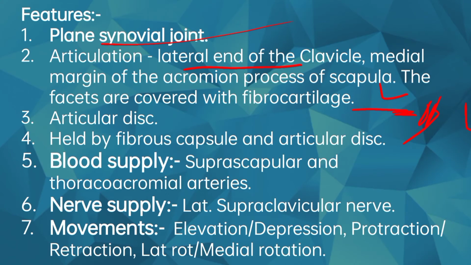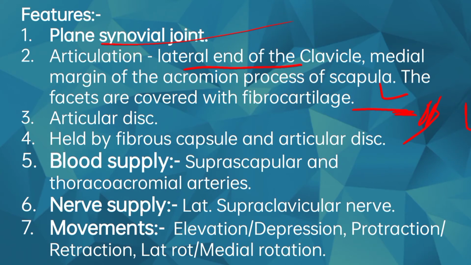The facets are covered by fibrocartilage. The cavity of the joint is subdivided by an articular disc. Likewise, we have an articular disc mostly everywhere. In the sternoclavicular joint also we studied about the articular disc.